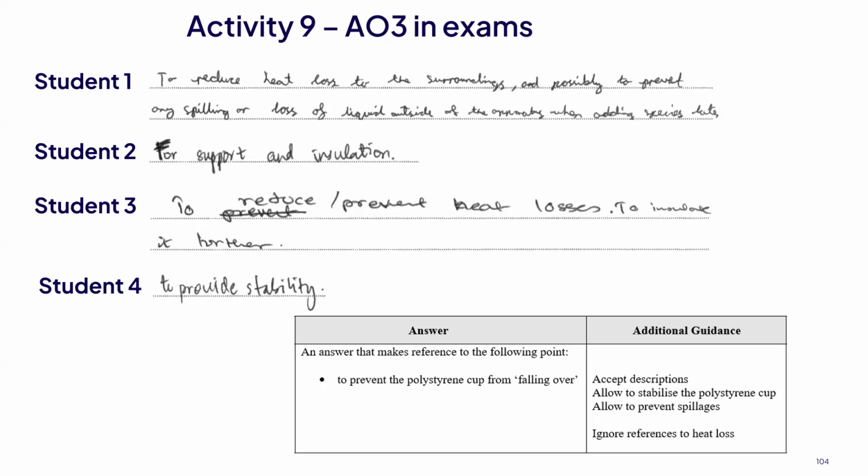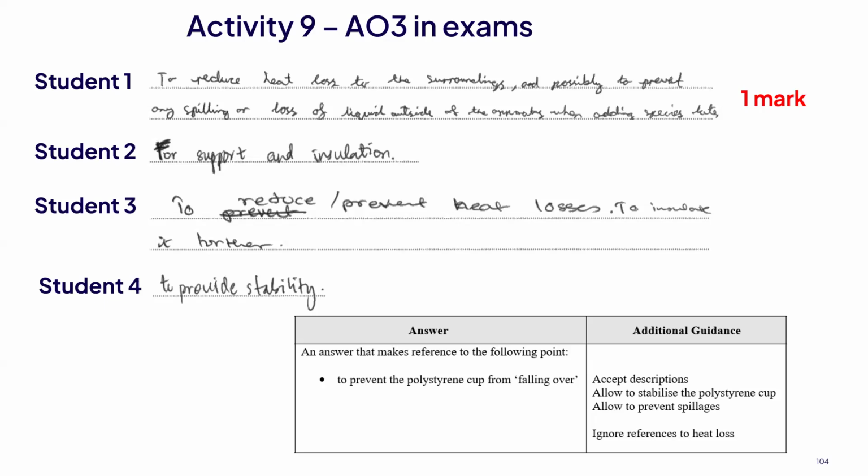Right, hopefully you've had a chance to look at all of them. In student 1, the mark scheme states to ignore references to heat loss, and so the start of this response does not negate the correct second part, which says to avoid any spilling or loss of liquid, which is an allow in the additional guidance, so 1 mark.